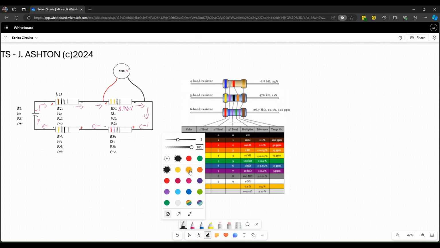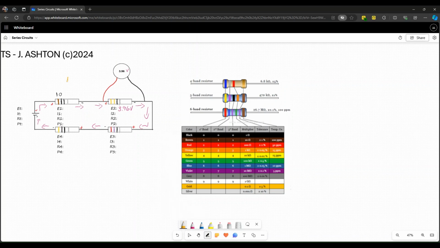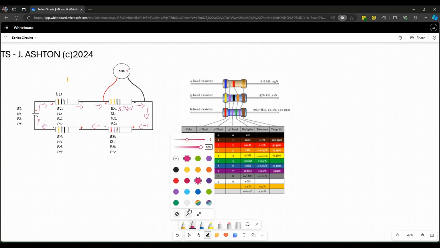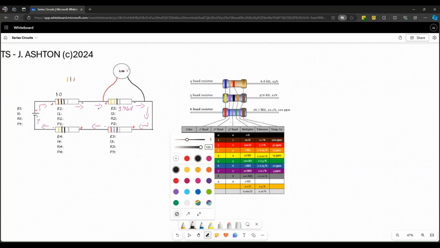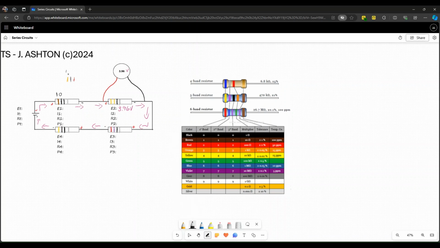I have a brown, and then I have black. But now my last color is going to be red. Well, then that would represent, if that was my color code, then I'd have a 1. I'd have a 0. And then red represents a 2. So I would just add 2 zeros, and that would have been a 1,000 ohm resistor.